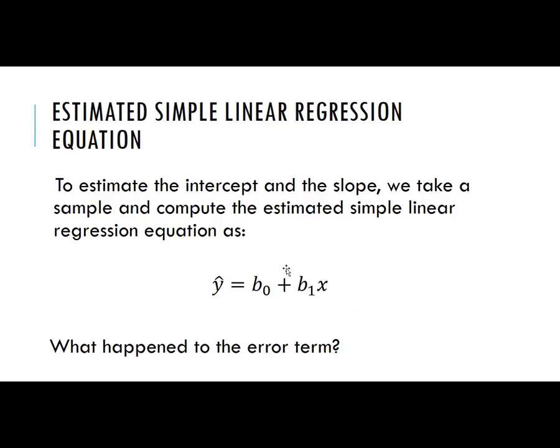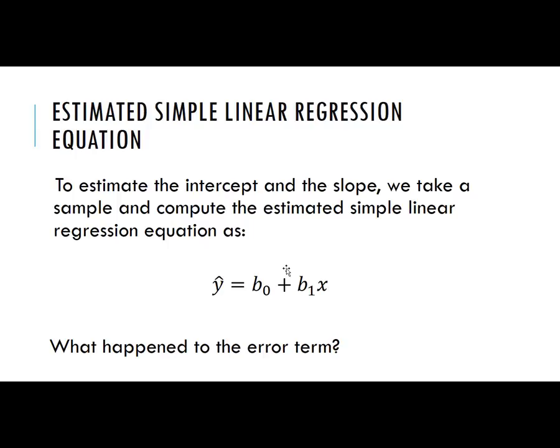We take the sample, compute the estimated simple linear regression equation as y hat. We put a hat on it saying that it's our prediction, or what we're guessing into the future, is equal to b0 plus b sub 1 times x. So the b's are the estimated. We get that from the data. The betas are the unknown population parameters in the model.